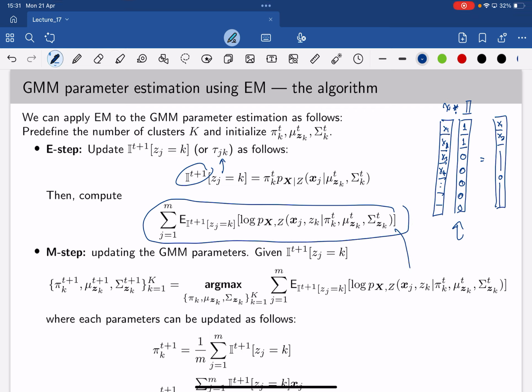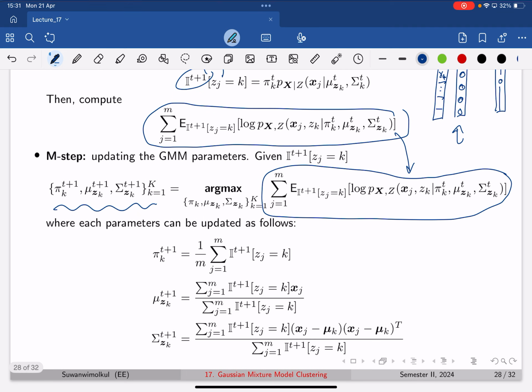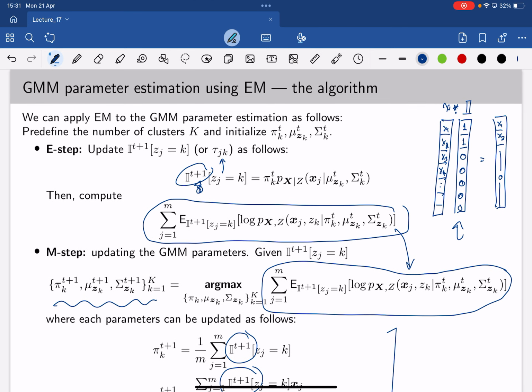And this expectation is actually like a loss function where you will solve for the model parameters, which in fact we have as a closed form formulation that you can just plug in. And here, notice that you use the I t plus 1 from here. So this I t plus 1 is actually your tau.